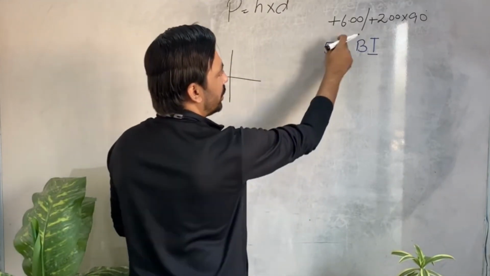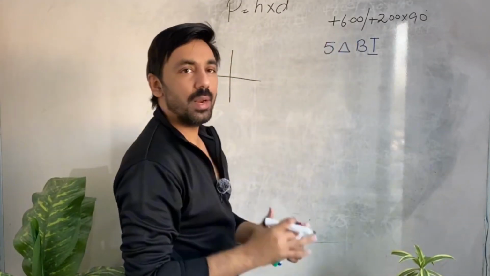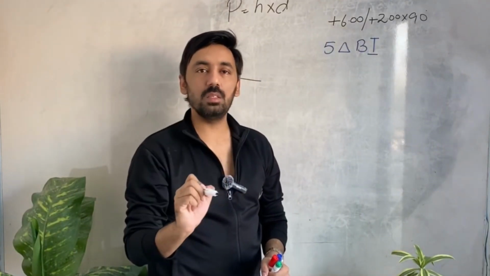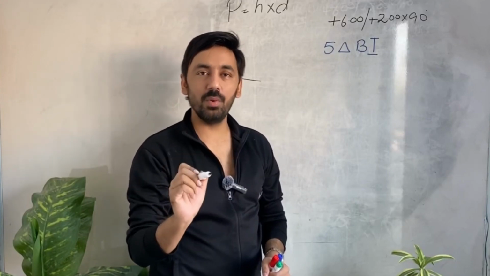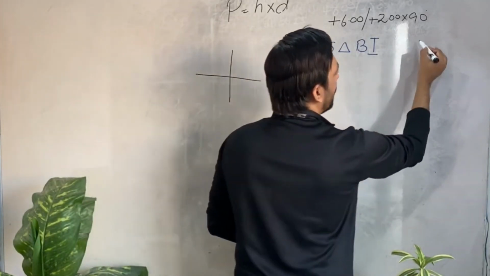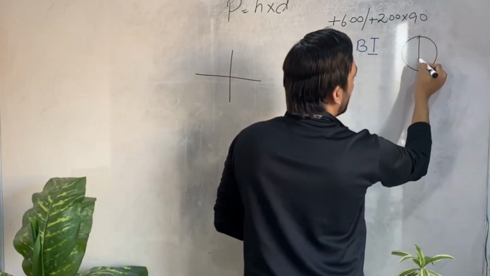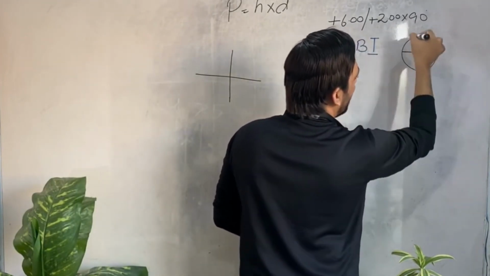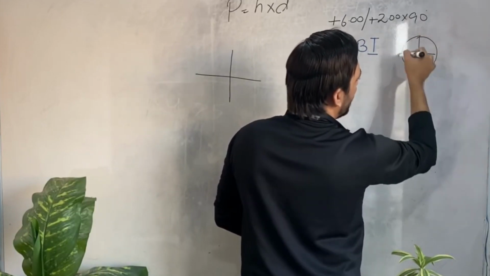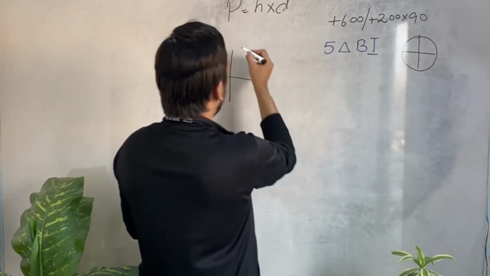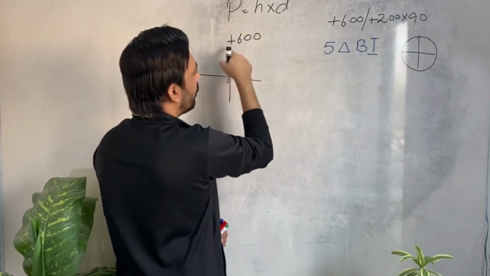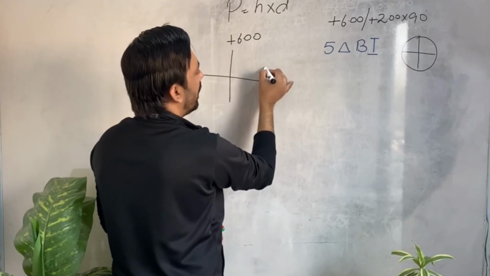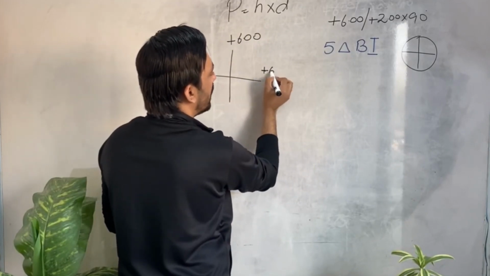The spherical correction is +6, and the spherical value is in every quadrant of the lens, at 360 degrees. So +6 will be at 90 degrees because it is spherical, and at this meridian as well, +6.